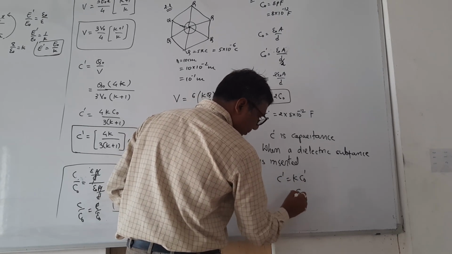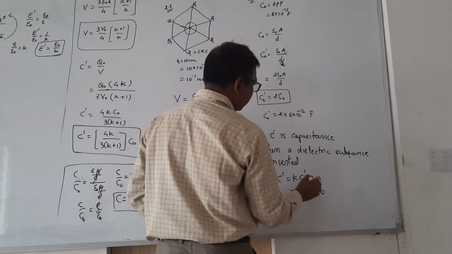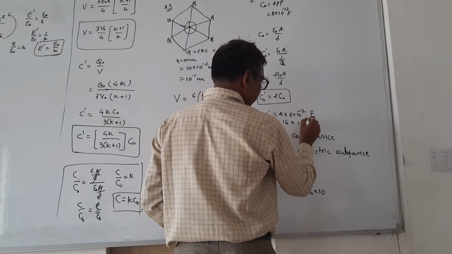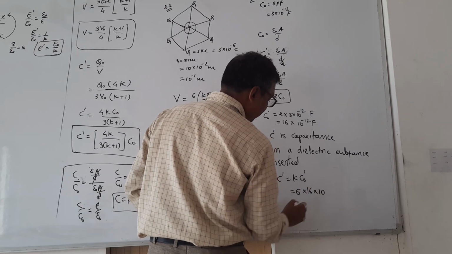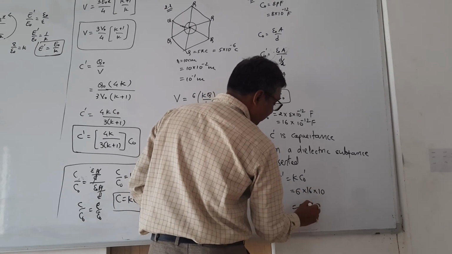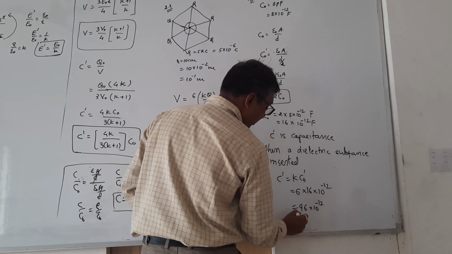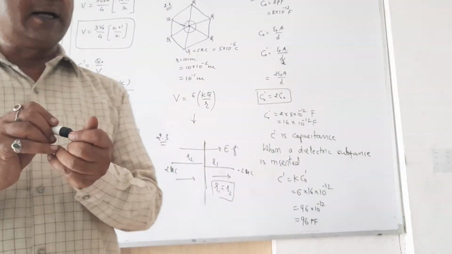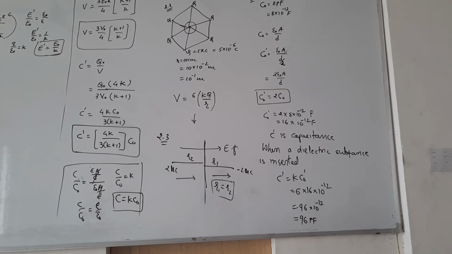K is equal to 6 and this one is 8 into 10 raised to minus 12, that is 16. So 96 into 10 raised to minus 12, that means 96 picofarad. That is your answer. Okay. So do it yourself and try yourself. Thank you very much.